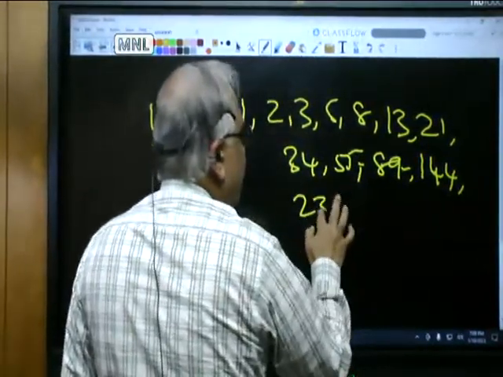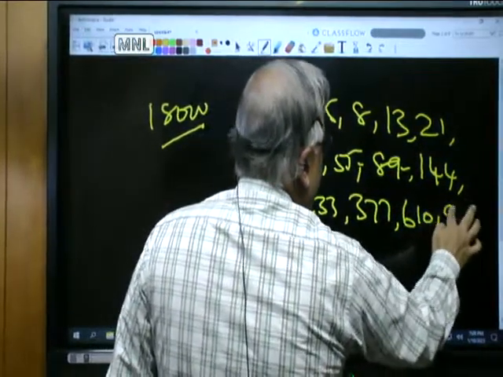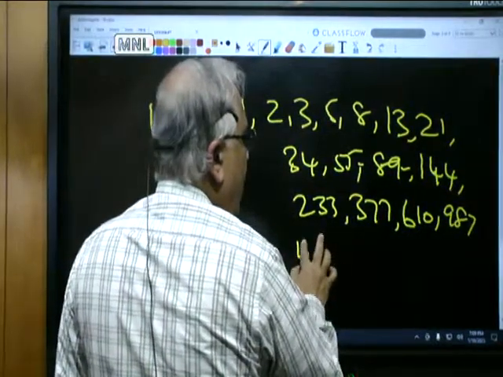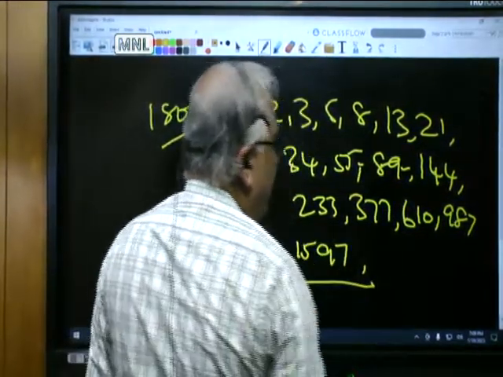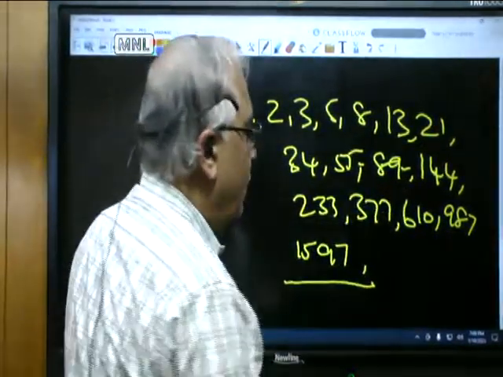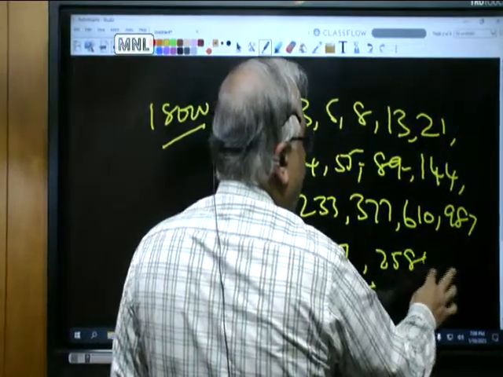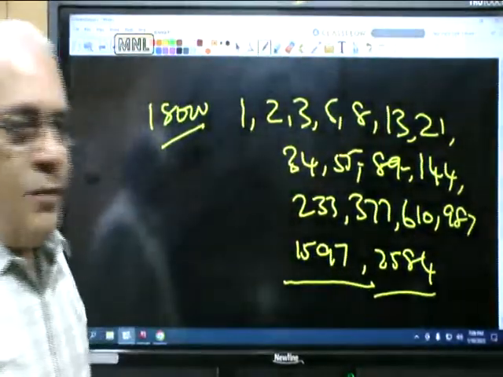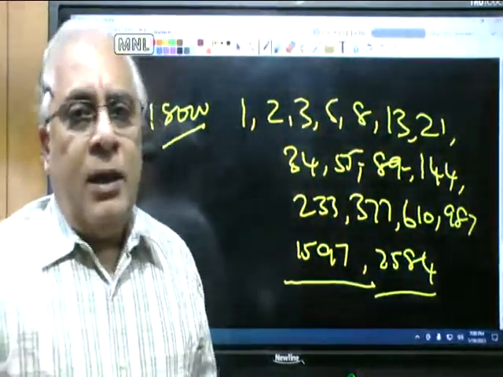So 233, then 377, then 610, 987, then 1597, then 2584. These are all the important Fibonacci numbers which we can use for Nifty.